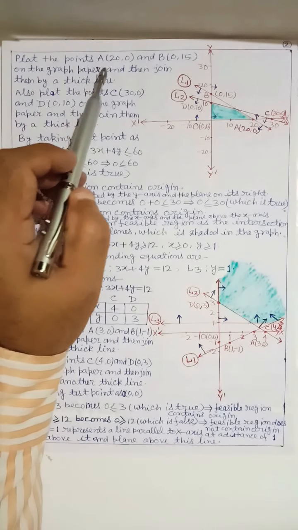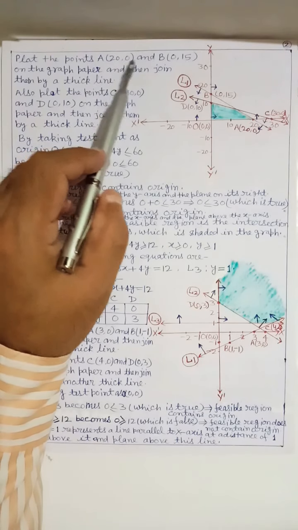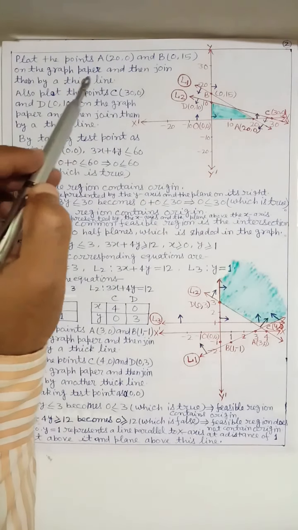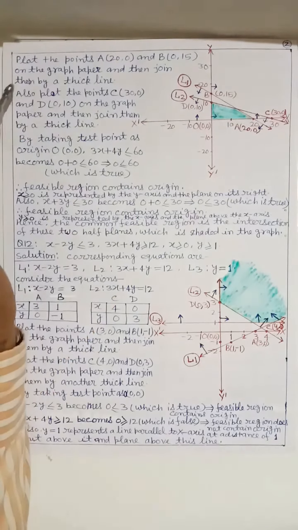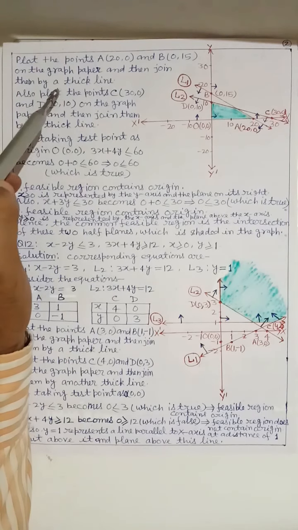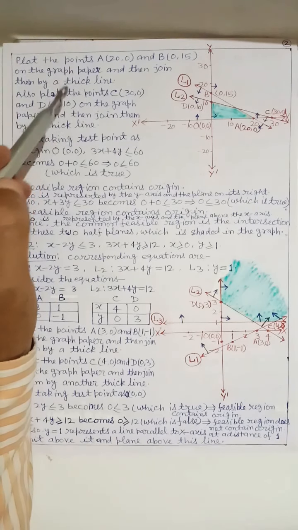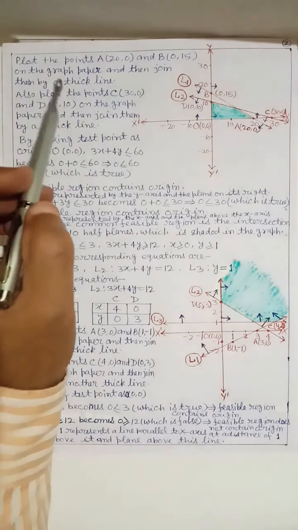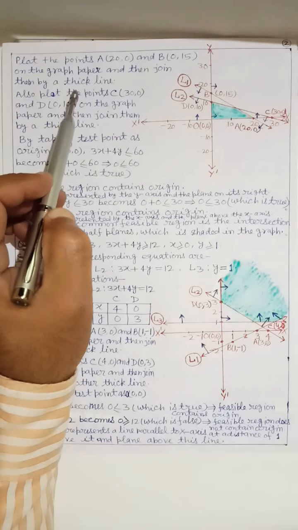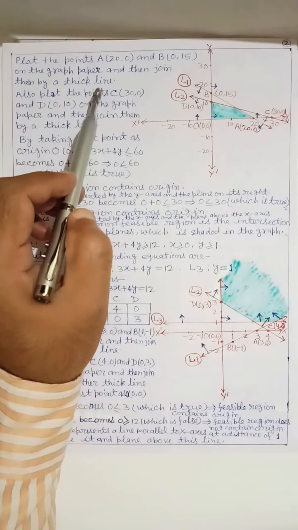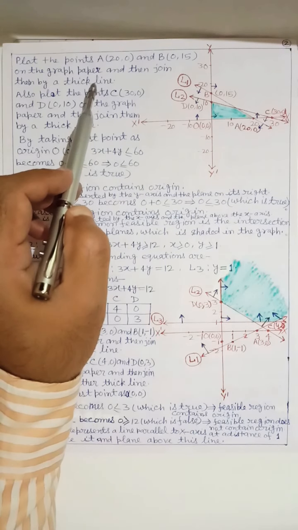Plot the points A 20, 0 and B 0, 15 on the graph paper and then join them by a thick line. We have already discussed this in the previous lecture. If there is the symbol less than or equal to or greater than or equal to, we use a thick line or dark line.